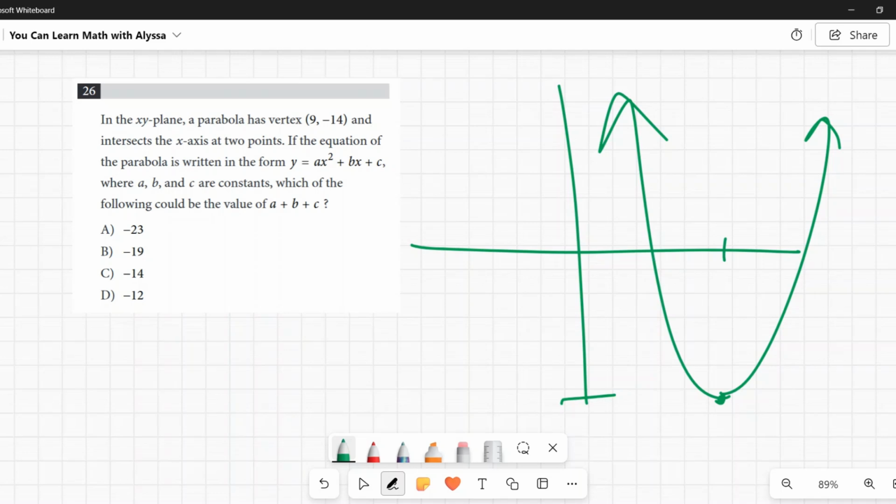Okay, how would I write an equation for this parabola? I don't have enough to write a full equation for it, but I can get started. If you use the vertex form, it looks like this.